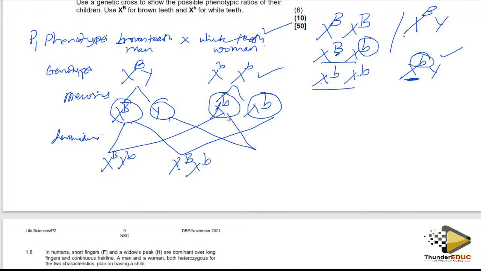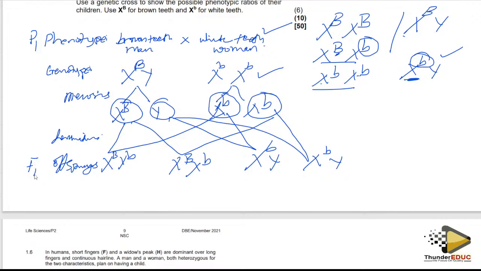Then this with this, X Y and small b. Then this with that, we are going to have small b and Y. And then these are called offspring or the babies. And then this is F1.